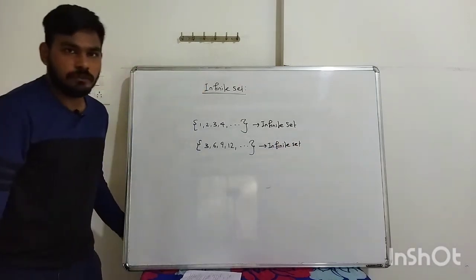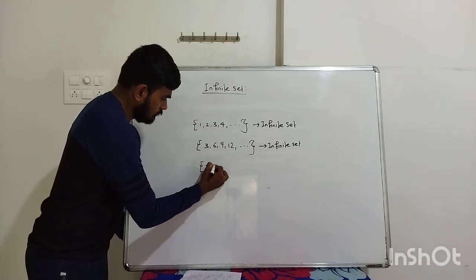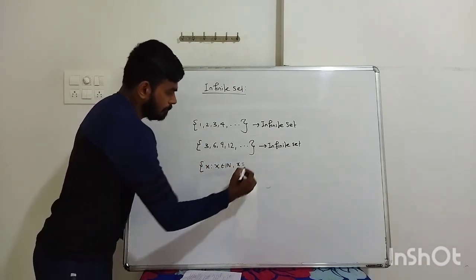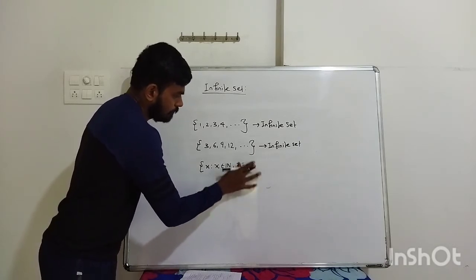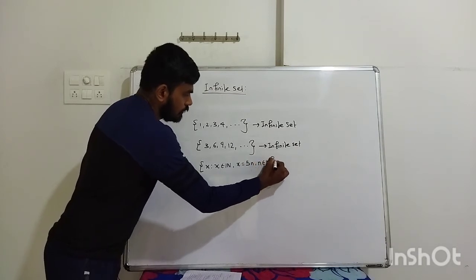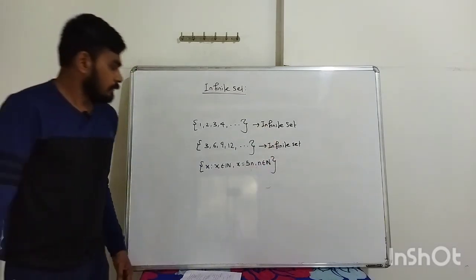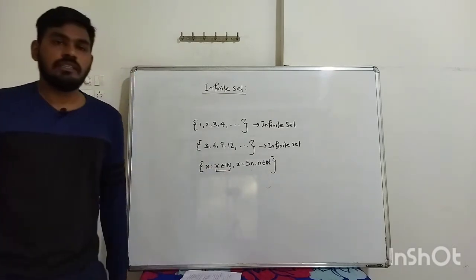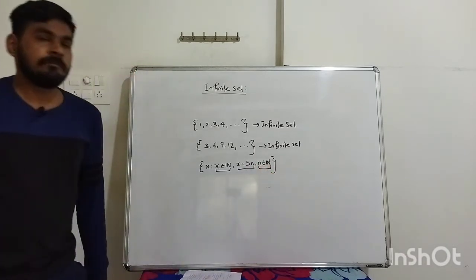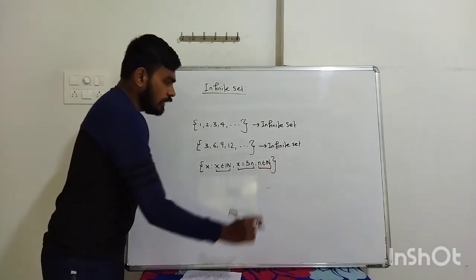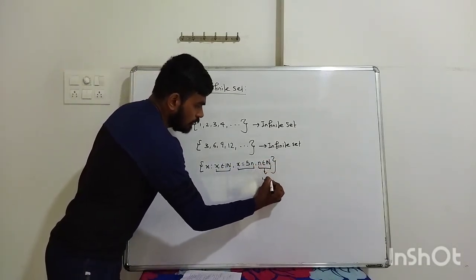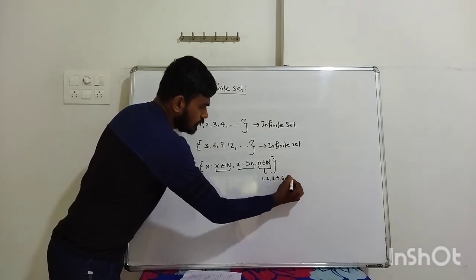In set builder form, I will give you one: {x : x = 5n, n belongs to N}. See, x should be a natural number, and x should vary like this, where n is a natural number. Now we are given that n is a natural number, but we are not given any restrictions on it. So we can select all these natural numbers.